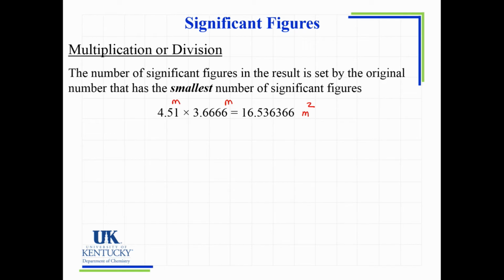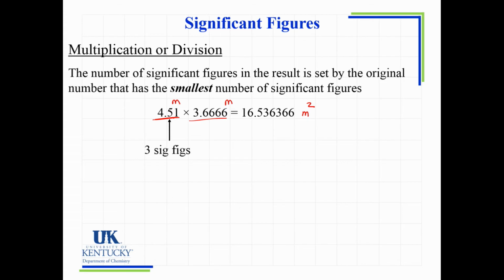Now, we measured one length with a device that can only do it to the nearest hundredth of a meter. The other device, we can do it to the nearest 10,000th of a meter. These two things were measured with completely different devices, so we have to make sure that our answer reflects the fact that we can't know this nearly as well as we knew this, significant figure-wise.